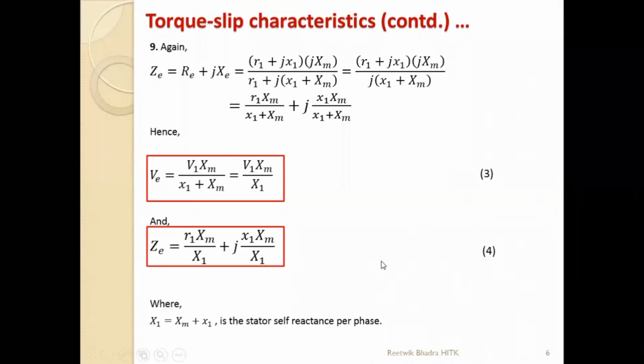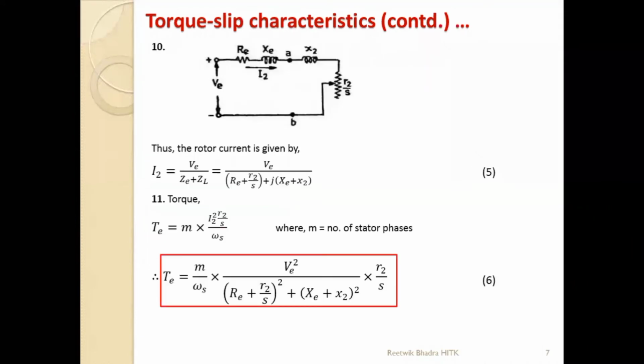That's why ZE and VE are found out. So this is our Thevenin's equivalent circuit. Then in the Thevenin's equivalent circuit, we apply KVL and find out this load current I2. So this load current I2 can be written as VE by ZE plus ZL. This part is ZE, this part is ZL.